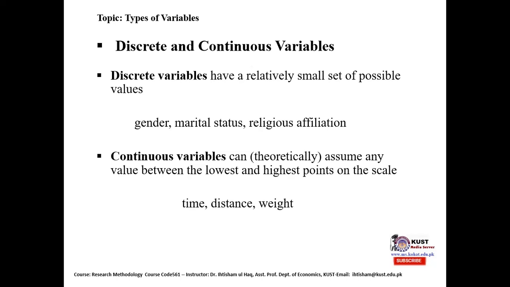So these are the examples of continuous variable. Whereas if we look into gender, for example male and female, it will take a discrete value or whole number, for example 0 for male and 1 for female. Similarly, marital status, married and unmarried, and you can assign a number to it.